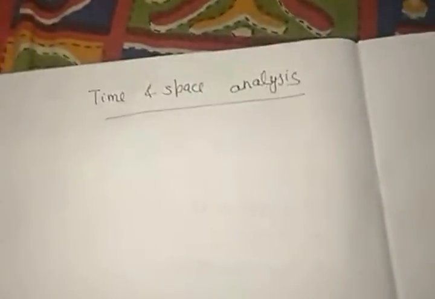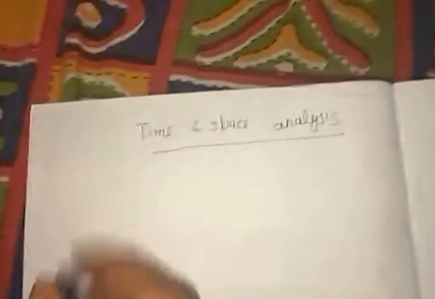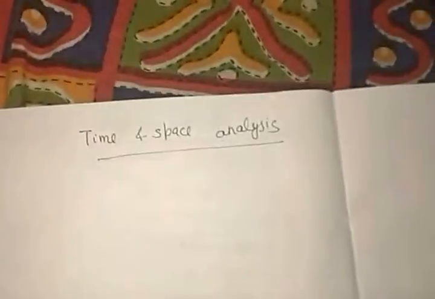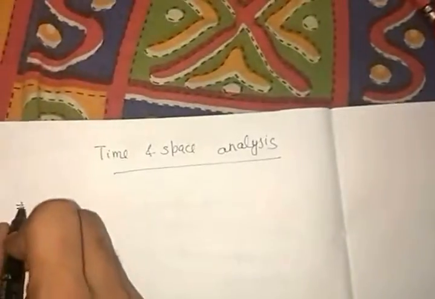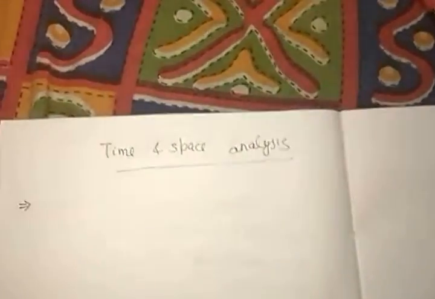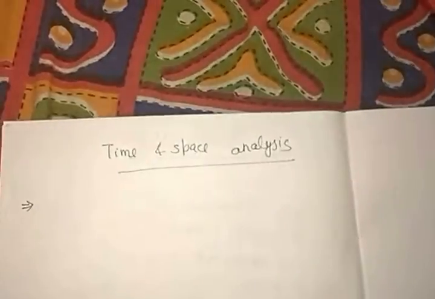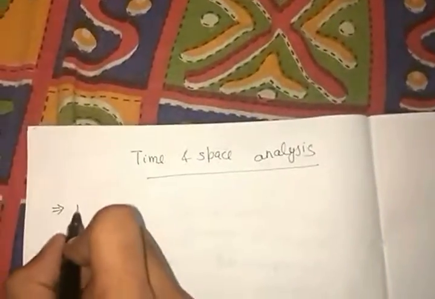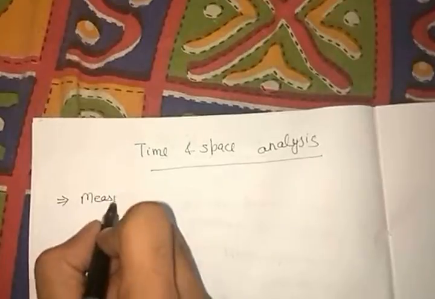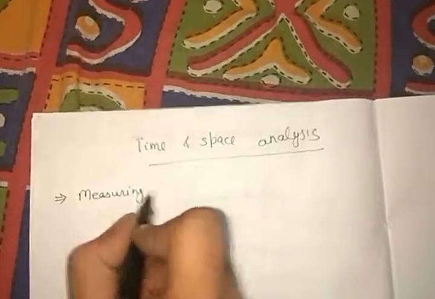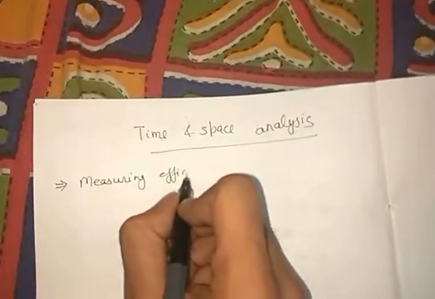In this lecture, we will discuss time and space analysis of algorithms. First, how do we calculate how efficient an algorithm is? Let's say we want to measure the efficiency of an algorithm.